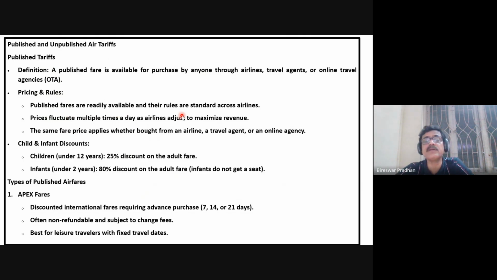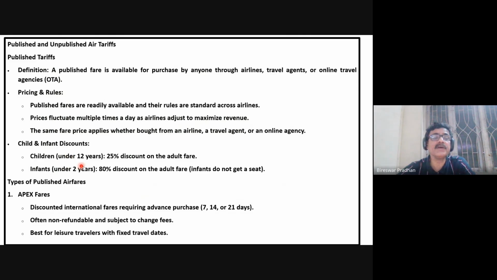Their rules are standard across the airline. Prices fluctuate, and when the price fluctuates multiple times, airlines adjust to maximize revenue. The same fare price applies whether bought from an airline, a travel agent or an online agency.